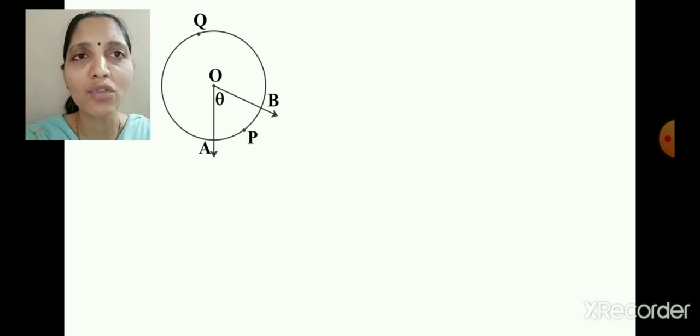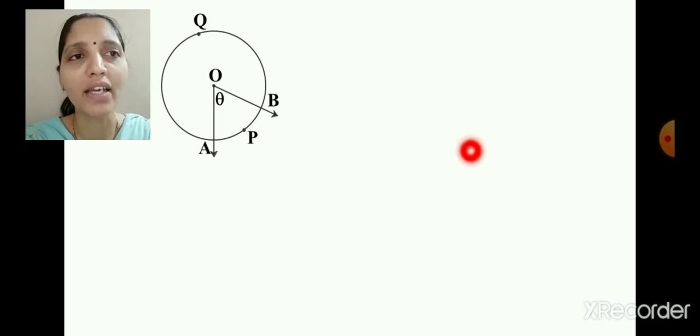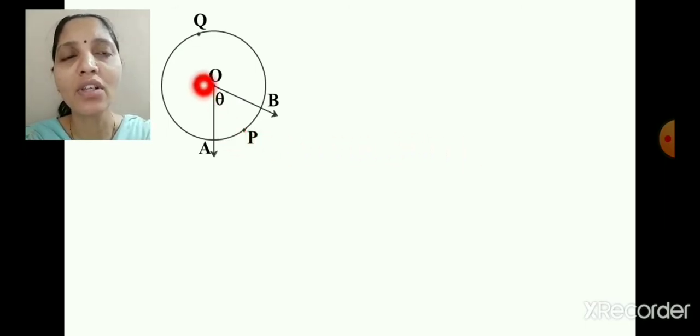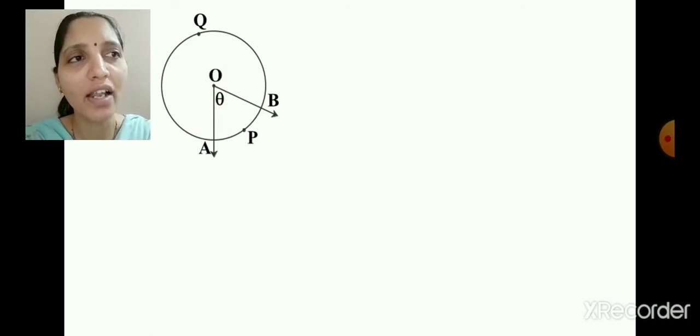Here I have drawn one angle, and due to this angle the circle is getting divided into two parts, and this angle is called a central angle. Now why is it called a central angle? Because the vertex of this angle lies on the center of the circle. That is why it is called a central angle.